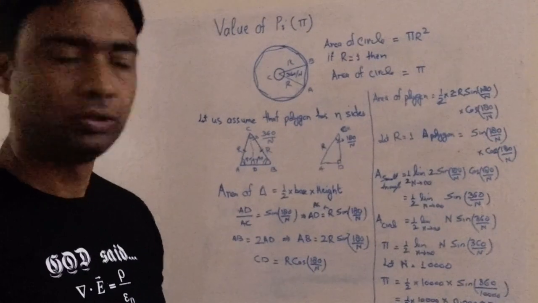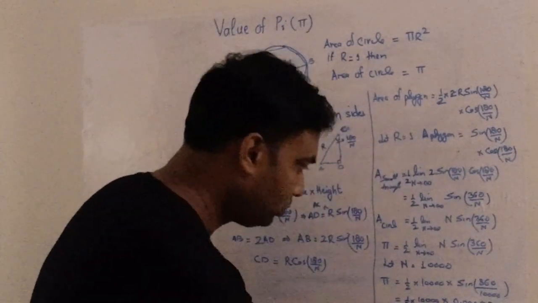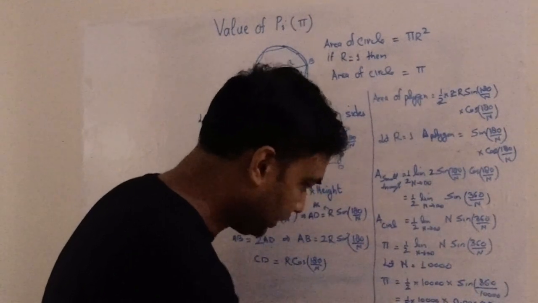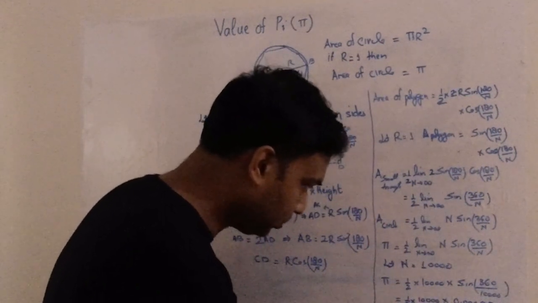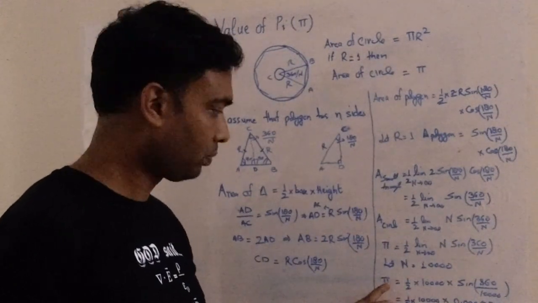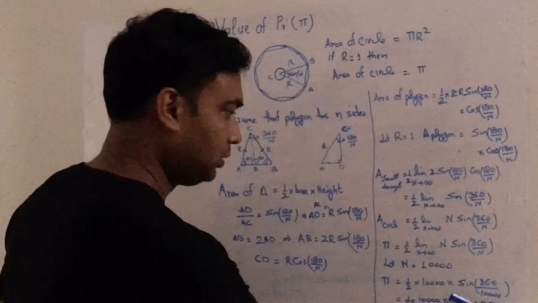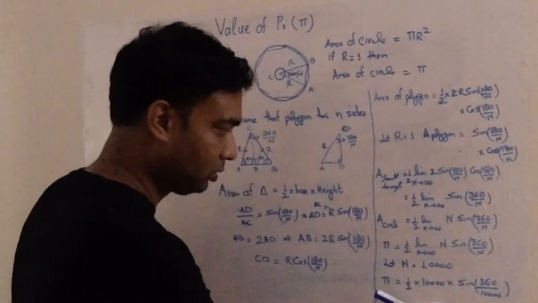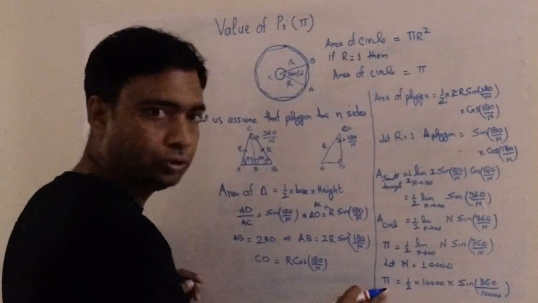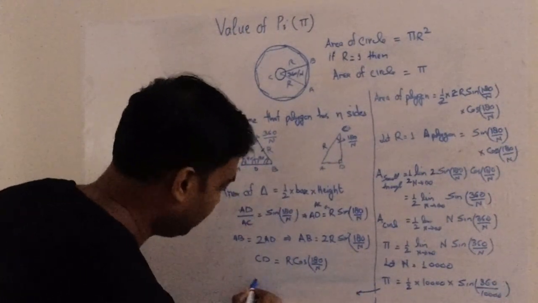Okay, so this is the value. I'm not able to, this camera is not capturing this down. So you can see this value, till here you can see. So I'm going to write the value here.